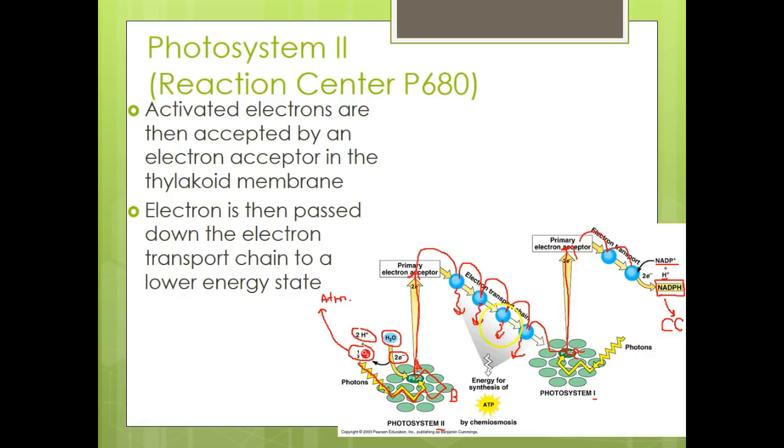Now, what is this energy that was given off by those electrons used for? It's going to be used to actively pump H+ ions. If you think about chemiosmosis that we learned, this is the energy that is going to be used to actively pump those H+ ions.